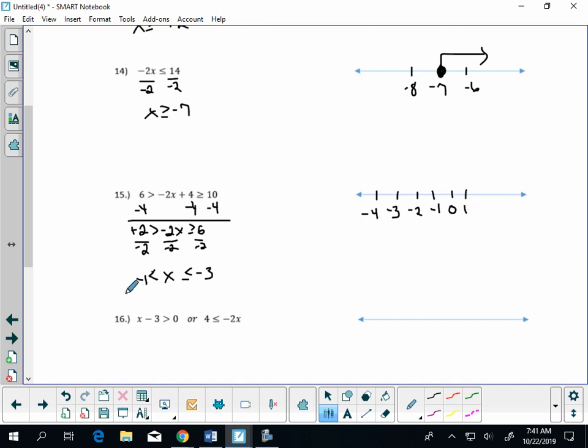I'm actually almost going to think of this as two inequalities. x has to be greater than -1, which would be right here.